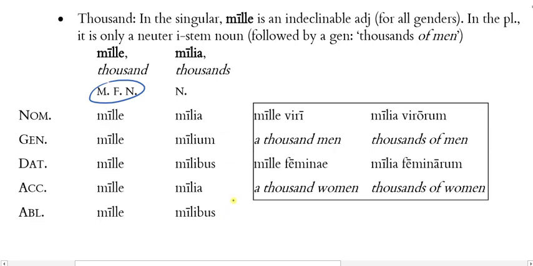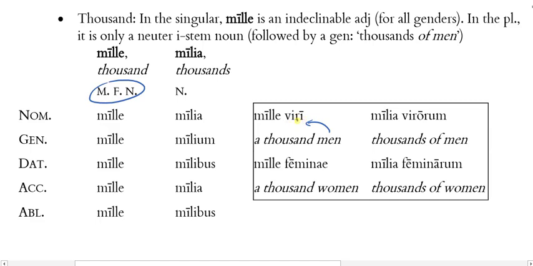All right, great. So what I've given you here in the box is just an example of saying 1,000 of something versus thousands of something using a masculine and a feminine noun. So if I want to say 1,000 men, I want to use mille plus the word for men, which is vir, in the nominative plural.